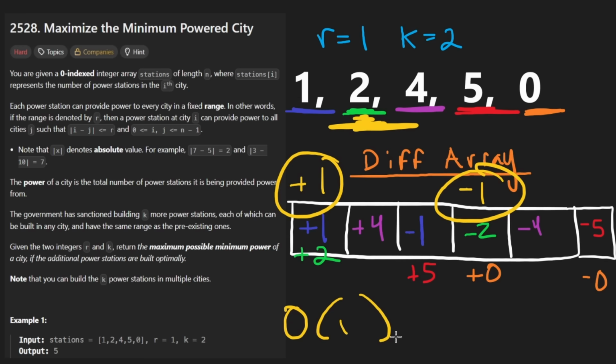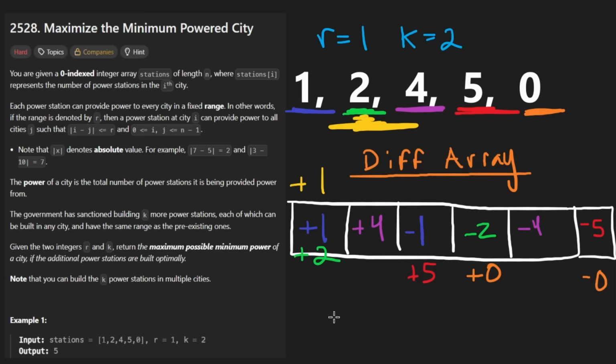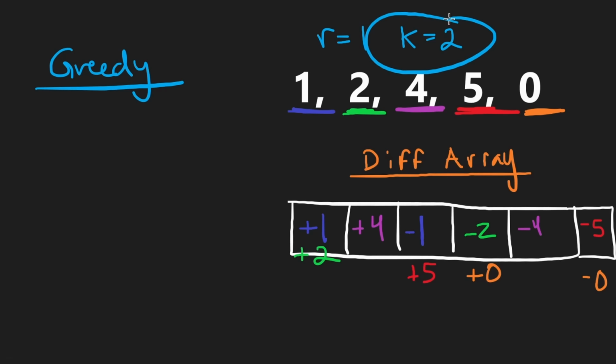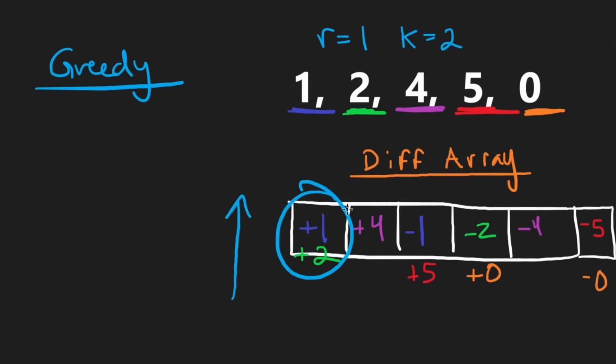Now, how do we use this idea to even solve this problem in a brute force way? It's not easy. So I mentioned the word greedy, I think, in this problem. And what that means is basically, of course, if we only have a limited number of choices and we're trying to increase the minimum power of any of these values, the prefixes, I guess, of course we'd want to go for the smallest one first, right?